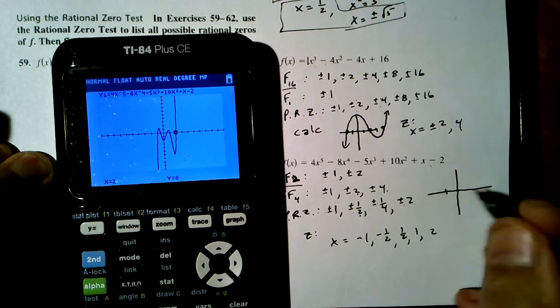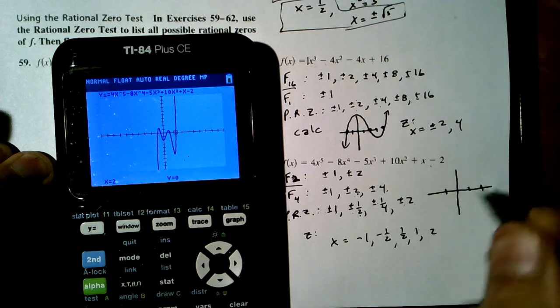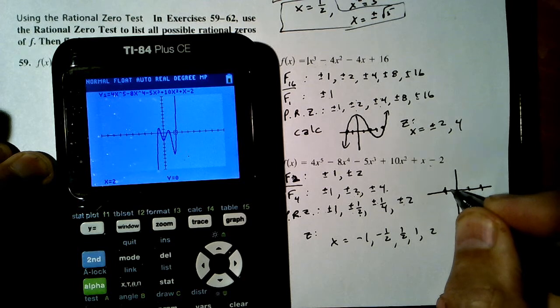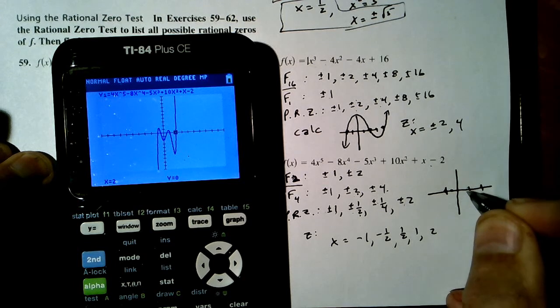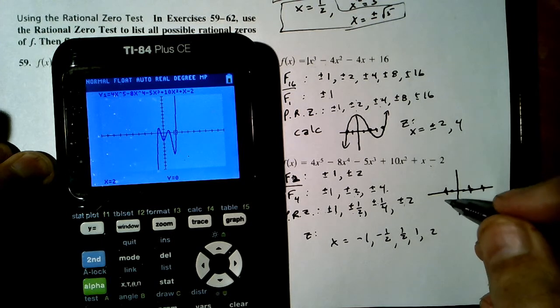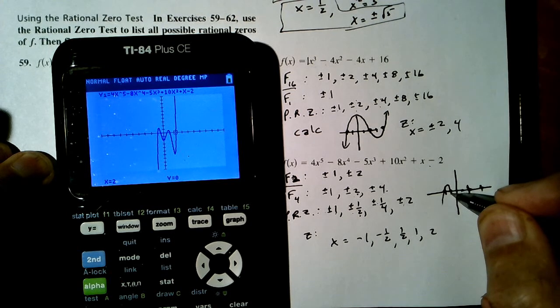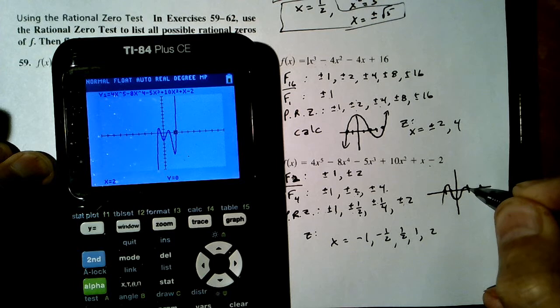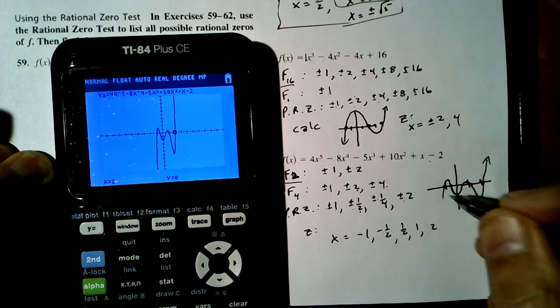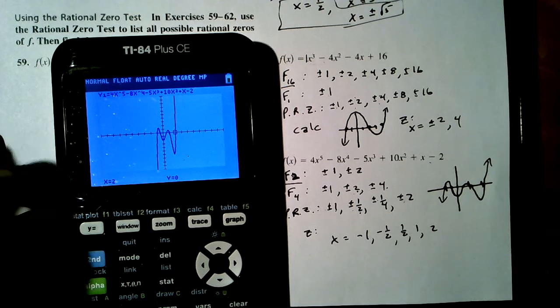So negative 1, 1, 2. We got a 0 here, a 0 there, a 0 here, a 0 there, and a 0 there. And it goes up, comes down, comes up, comes down, and goes back up, something along that order.